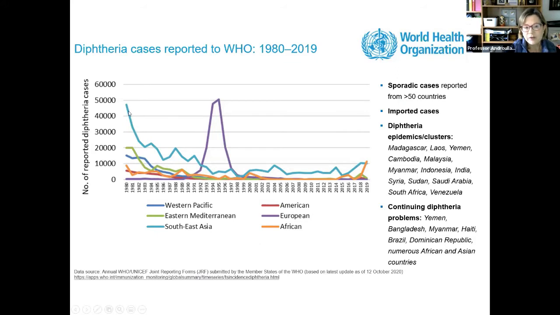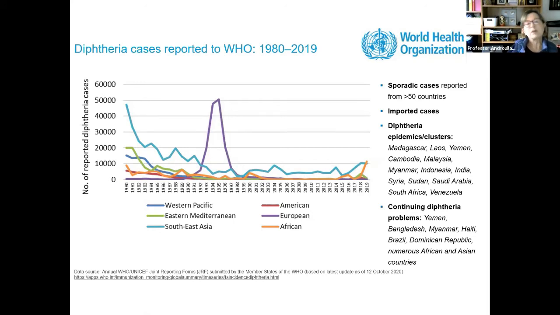The other area that I will draw your attention to is this blue line, which is the Southeast Asia region, where we're seeing quite a few outbreaks. And likewise, this orange line, which is the Africa region. So these are regions, if you like, of concern.